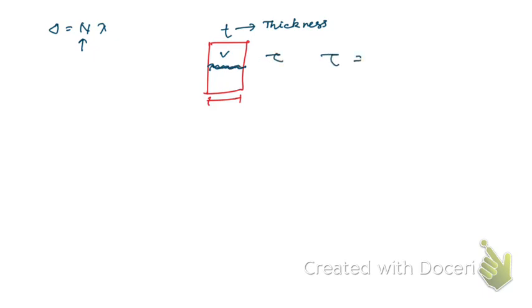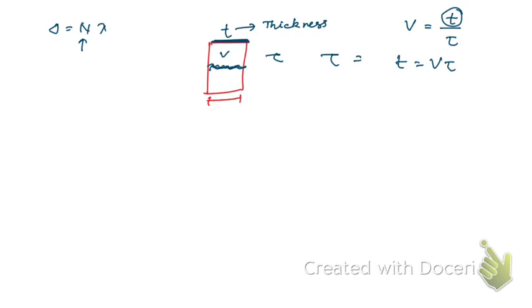Then tau is equal to t by v, because the speed of light through this medium is given by distance, the thickness of this slab, divided by the time. That's why this thickness t will be equal to v into tau, right?